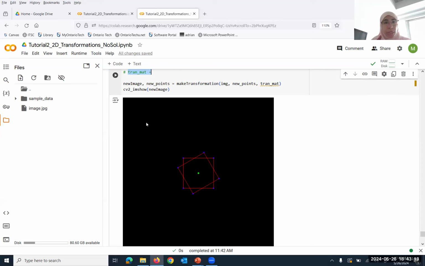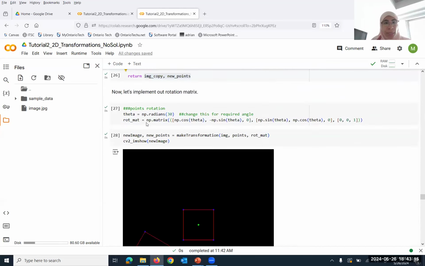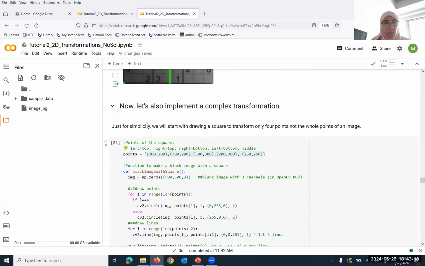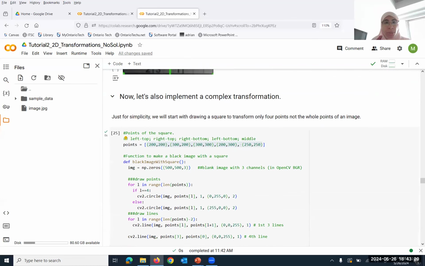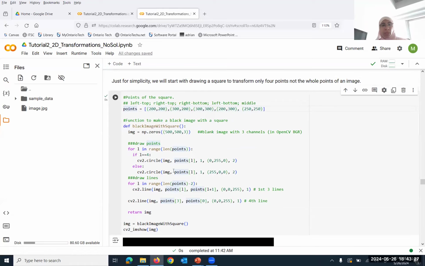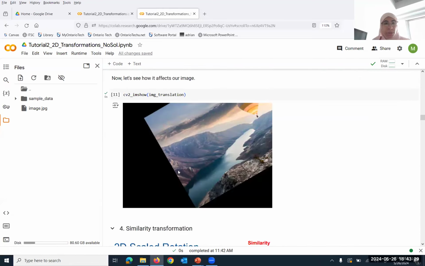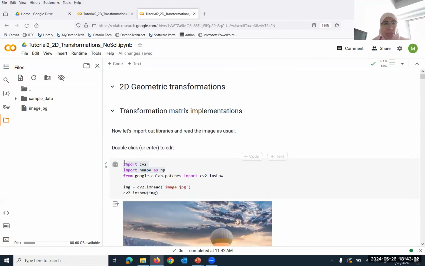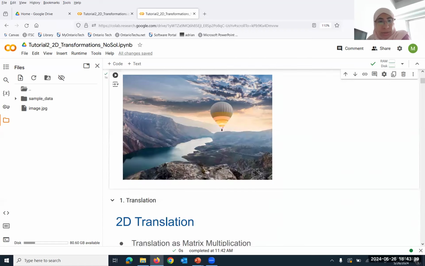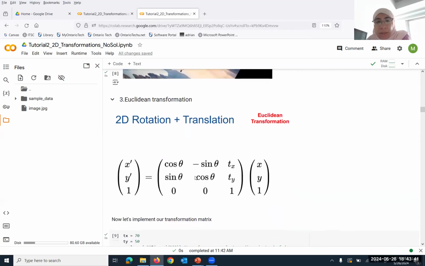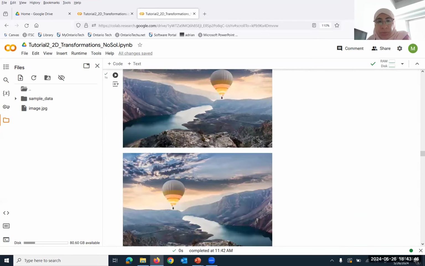So I want you to try it from here. For the complex transformation part, you can ignore everything else. If you go to the complex transformation part, you can start running from here. You might just need to run the first one that is importing CV2. Otherwise, you don't need anything else. I'll leave just 10 minutes and then we can discuss the solution together.